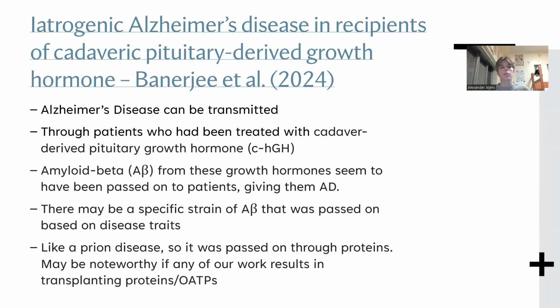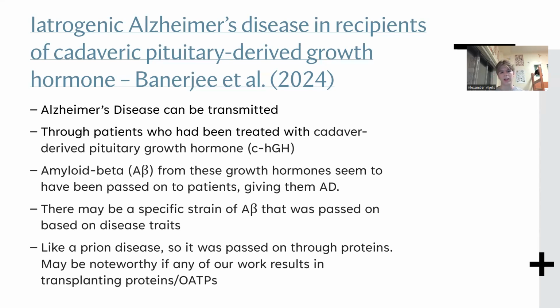Then I looked at an article my mom actually sent me, and it was really interesting. It was published in Nature Medicine or something, and they found the first Alzheimer's disease cases that were transmitted from one person to another person.